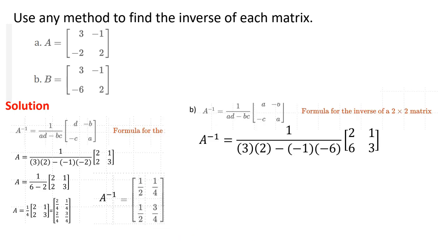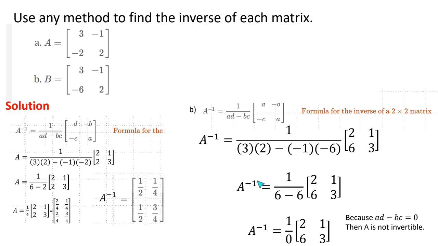And then the last one here is the same idea. We're going to multiply 3 times 2 and negative 1 times negative 6. And then I'm going to switch the 3 and the 2. So now I get 2, 3. And I'm going to switch the signs for negative 1 and negative 6. So now we have 1 and 6.